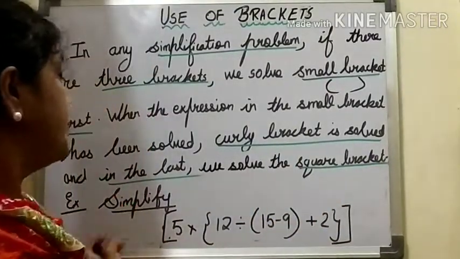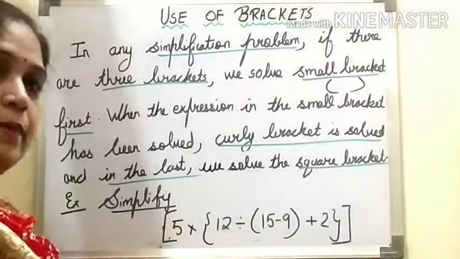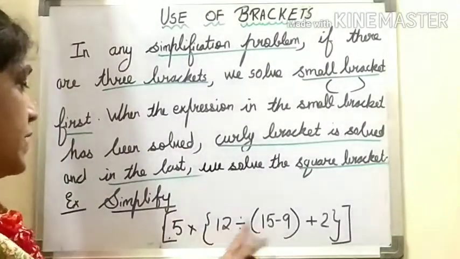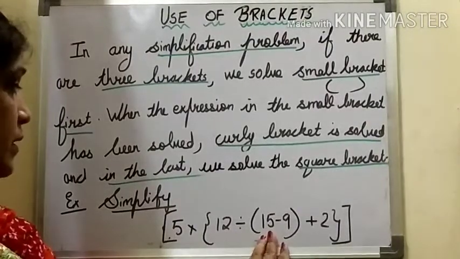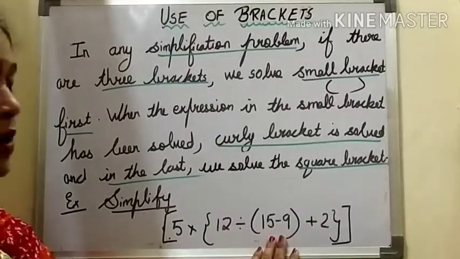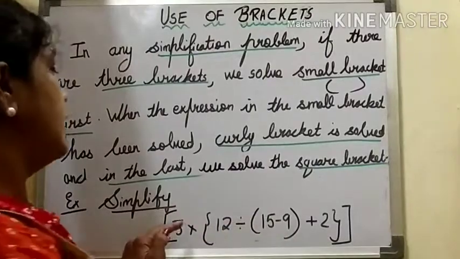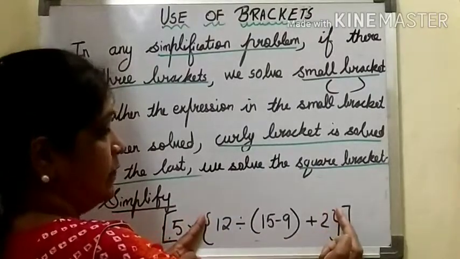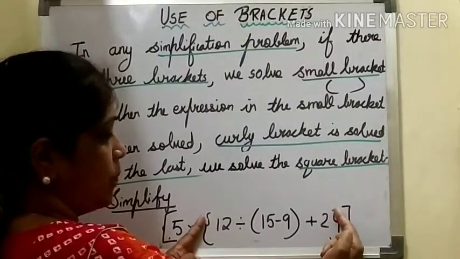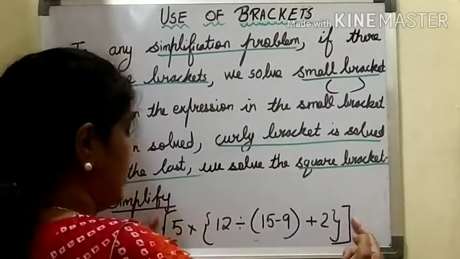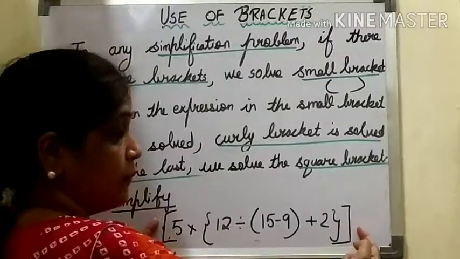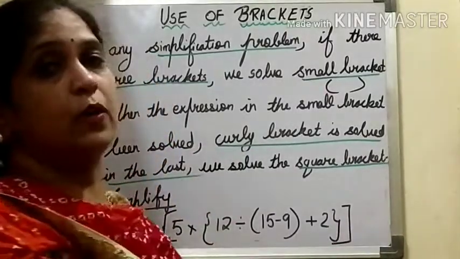For example, first we will operate the operation inside the small bracket. Then we will calculate the operations inside the curly bracket, and then the operations inside the square bracket.